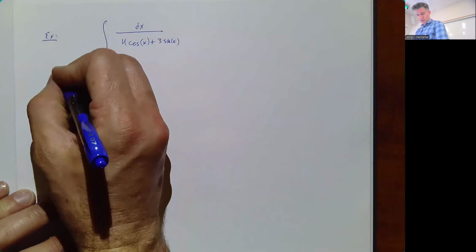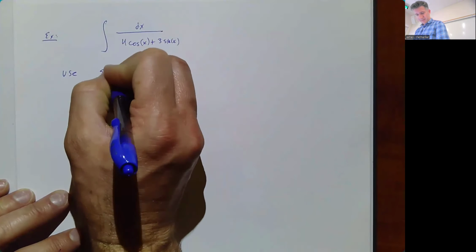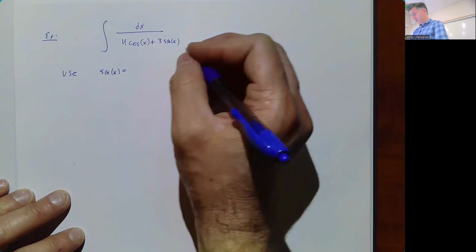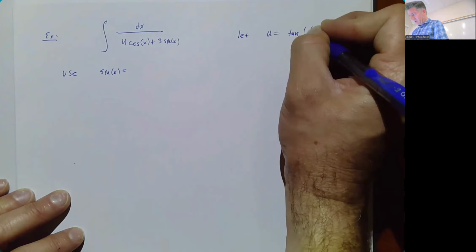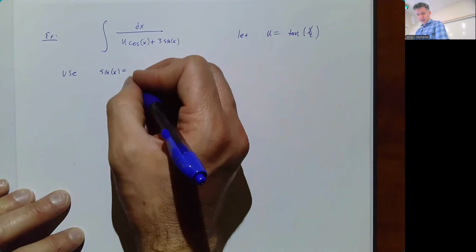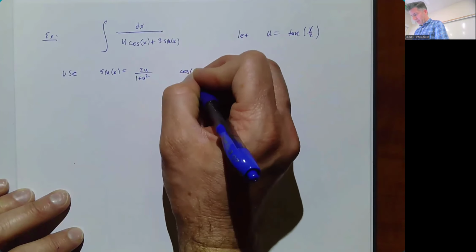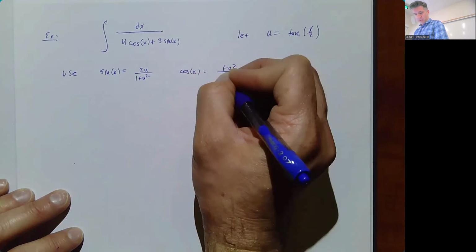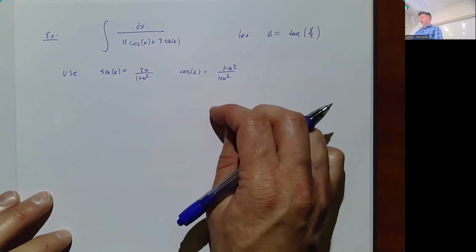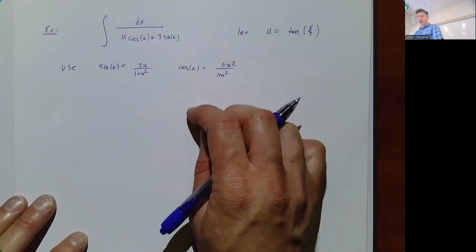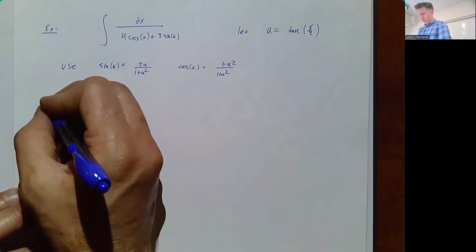They say to let u equal tangent of x over 2, and then sine of x is 2u over 1 plus u squared, and cosine of x is 1 minus u squared over 1 plus u squared. That seems totally normal, right? Not at all. This seems totally bonkers to me. And then you can put this all in here, and, no, don't do this.